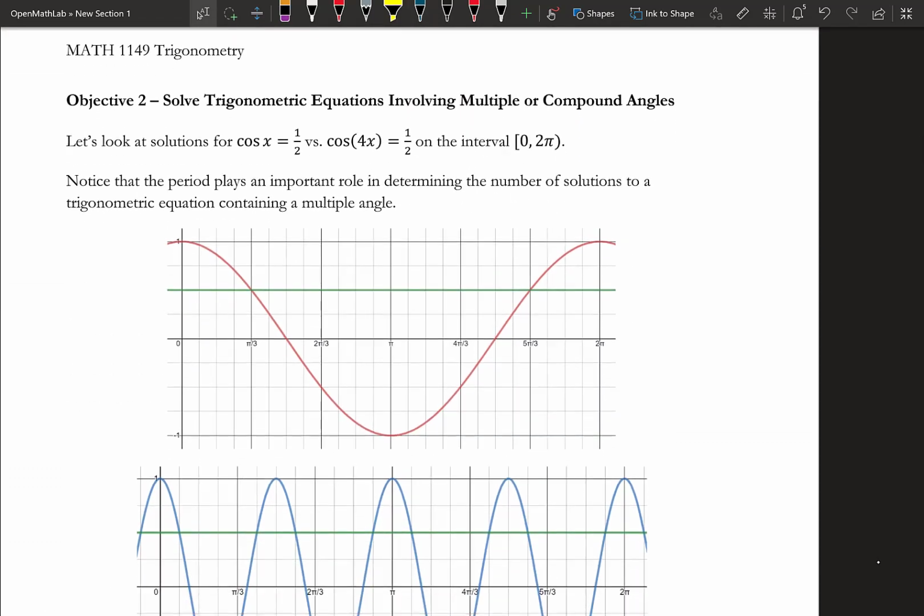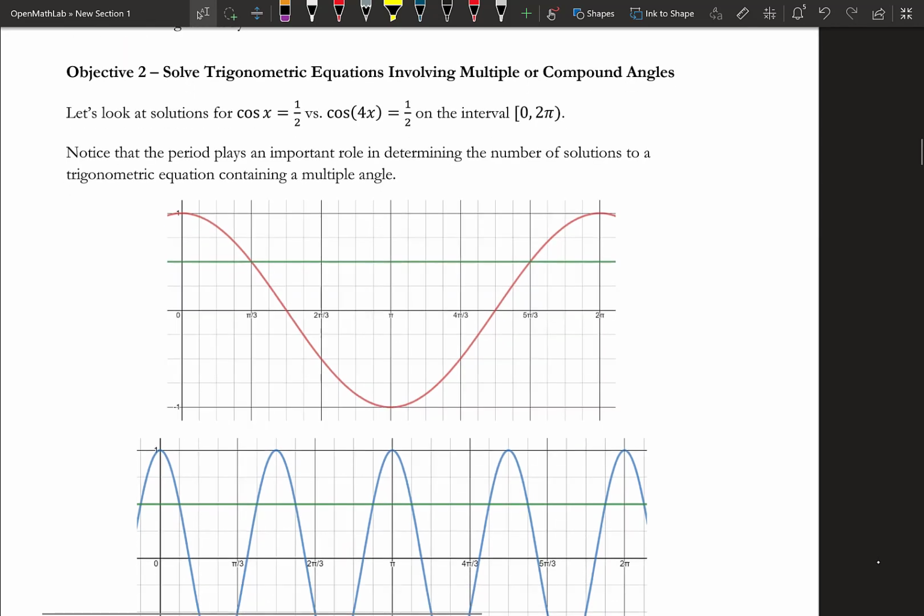So then, objective 2, we want to look at solving trig equations involving multiple or compound angles. Something that's going to play in here, and I have this example, is if we look at solutions for cosine of x equals a half versus cosine of 4x equals a half. Notice the difference is that b value. Here it's 1 and here it's 4.